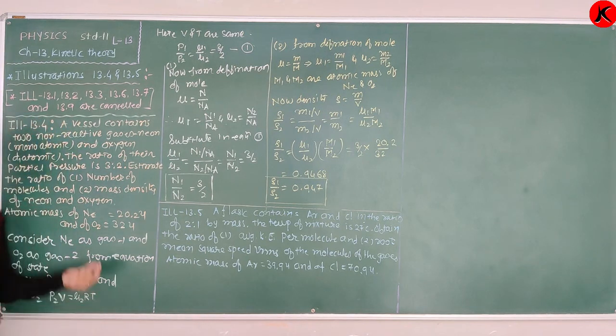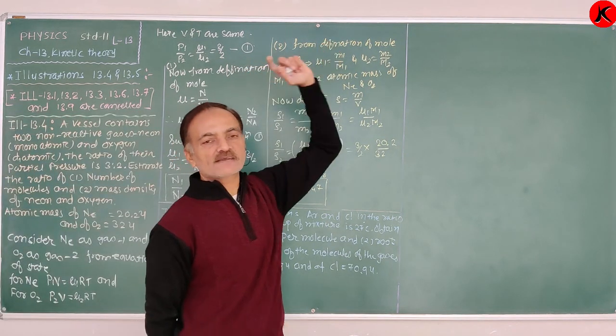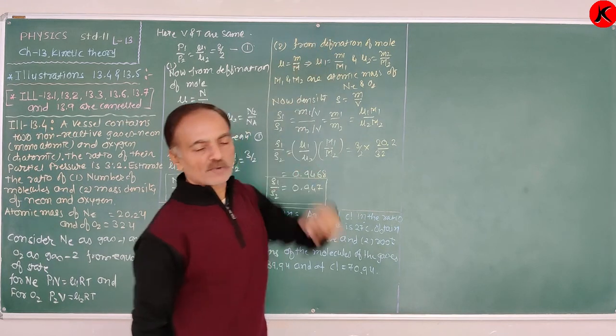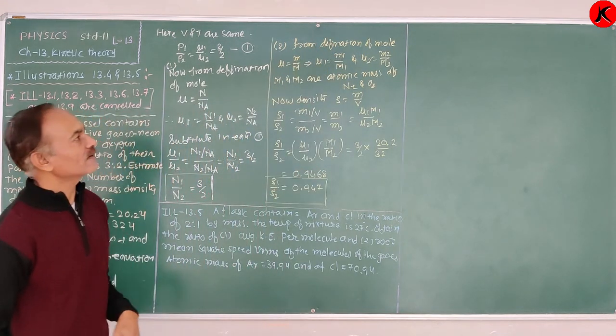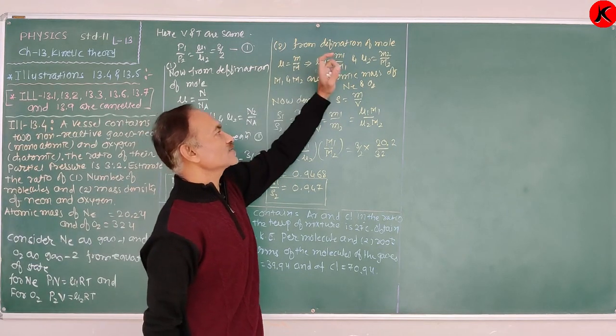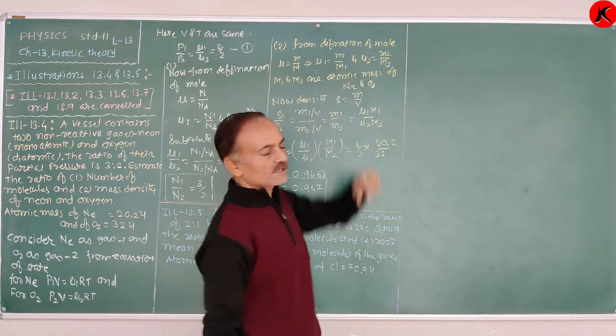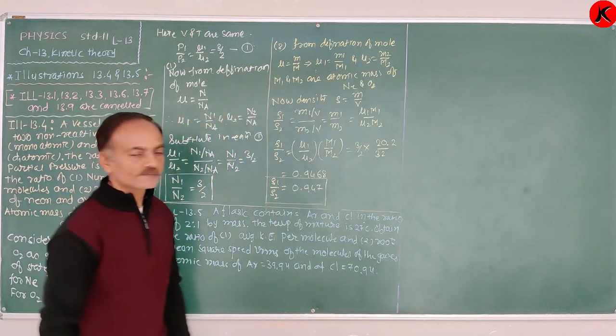Now we also have to find the ratio of the mass density of neon and oxygen. Again, from the definition of mole, mu is equal to the mass of gas upon the atomic mass. Therefore, for neon, mu1 is equal to small m1 upon capital M1, and for oxygen, mu2 is equal to small m2 upon capital M2.